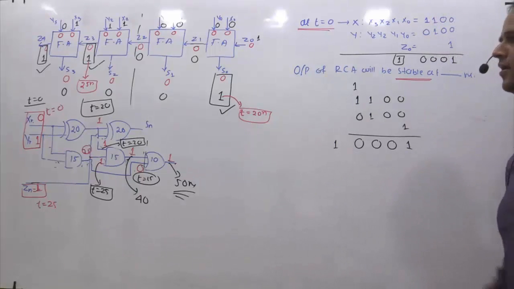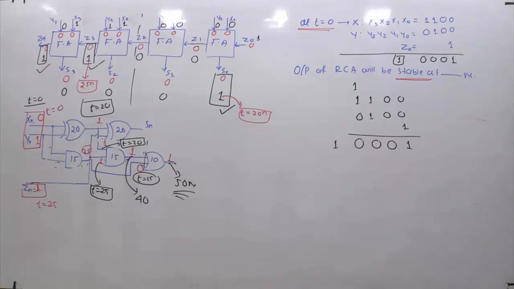This is basically a bit tricky question, and in GATE 2017, the answer key given by IIT was 70 nanoseconds. Initially they gave 70, but many people challenged it and they revised the key to 50. The game is basically changed because of the word stable. Here your focus is not to calculate the worst case delay.